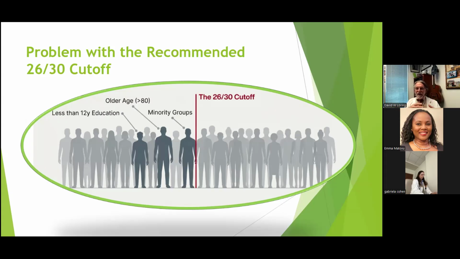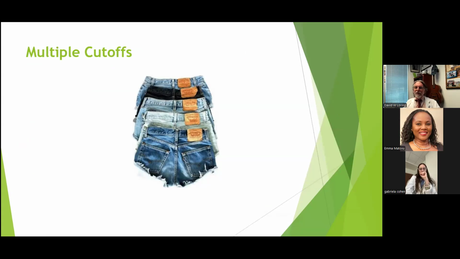Age, education, language, cultural background are all important contributors and need to be accounted for when interpreting what a given score means. Using a single score for everyone oversimplifies a pretty complex clinical situation. So one response to this problem has been a recommendation to use multiple cutoff scores. And there's certainly advantages to this.